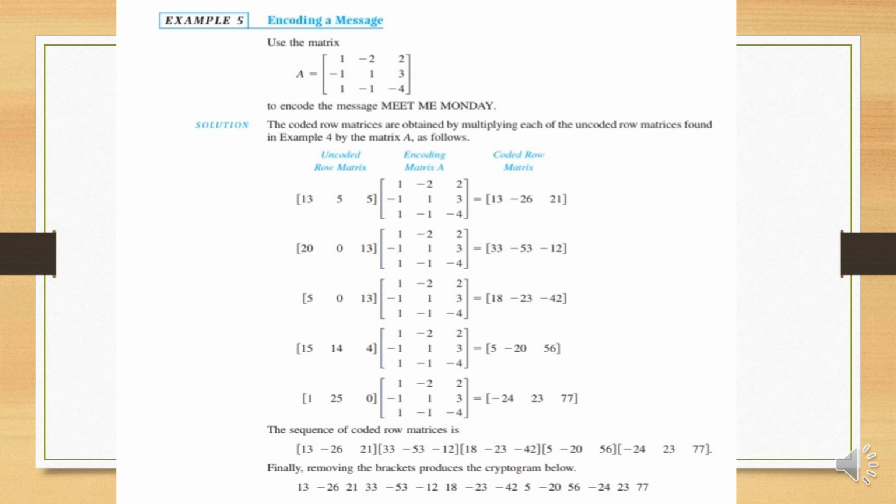And after that, you will take all the values in order because it is important. Finally, removing the brackets produces the cryptogram below. So again, we have 13, negative 26, 21, 33, negative 53, negative 12, 18, negative 23, 42, 5, negative 20, 56, negative 24, 23, and 77.